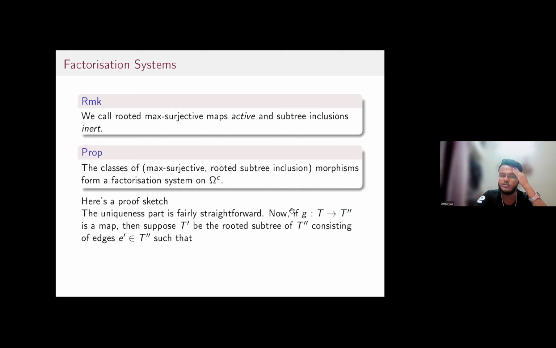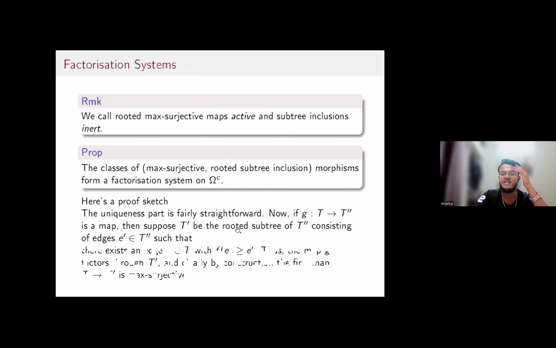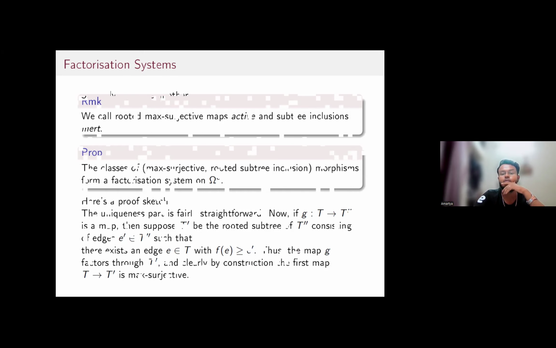If you start with a map g from T to T double dash, suppose T dash is the rooted subtree of T double dash that consists of the edges such that there exists an edge e in T such that f is greater than or equal to e dash. And g factors through T dash, and by construction the first map will be max surjective. So it's fairly straightforward to check.